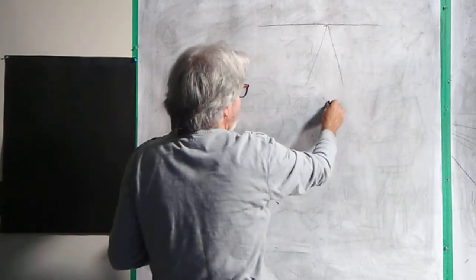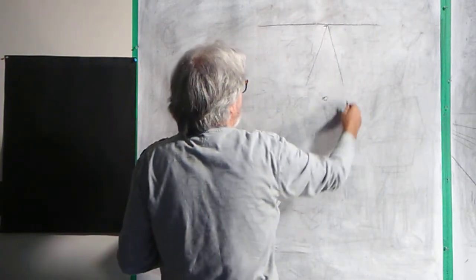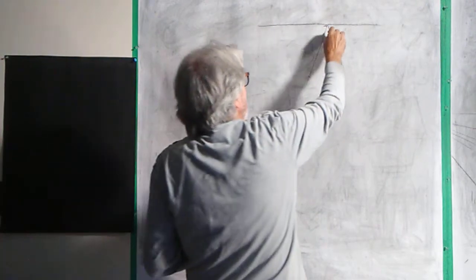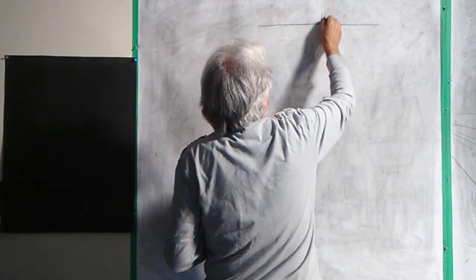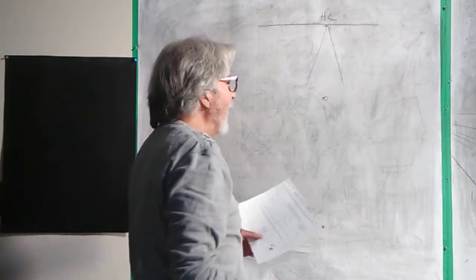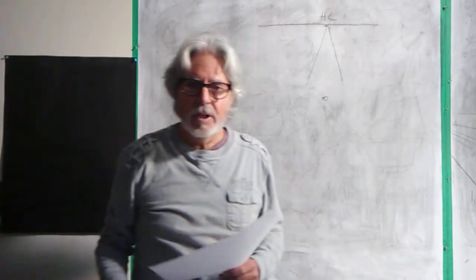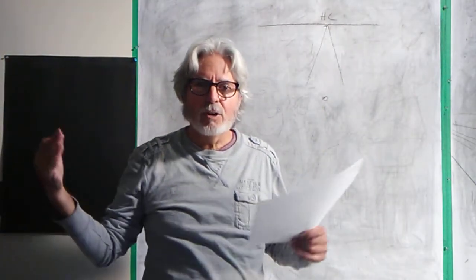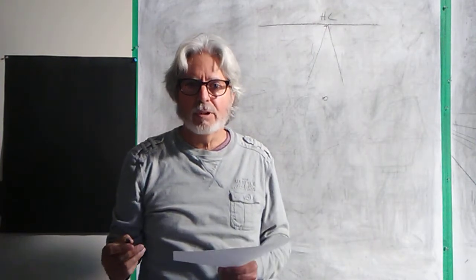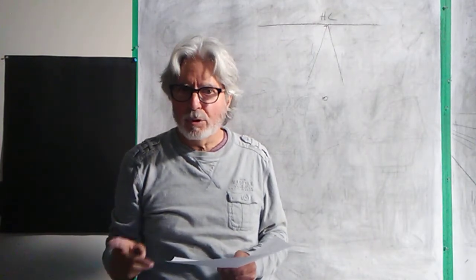And we would be standing here, and you would be seeing it converge to the horizon line. So what happens with perspective is it goes according to how you perceive things, not the way it really is. And that's what makes it really challenging.